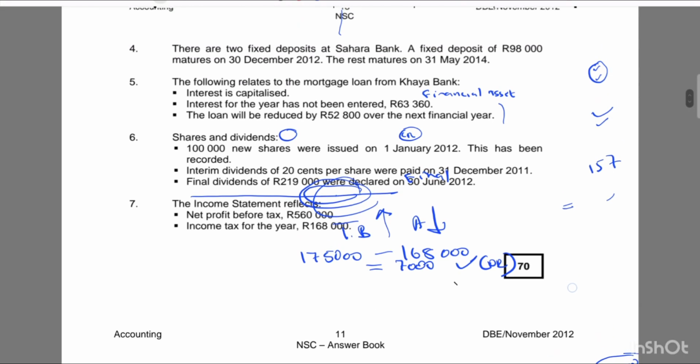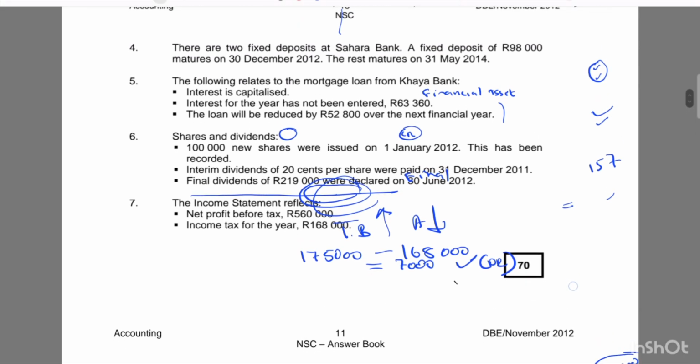All right, now let's continue with our information. Information number 4, it reads as follows. There are two fixed deposits at Sahara Bank. A fixed deposit of 98,000 matures on 30 December 2012. The rest matures on 31 May 2014.